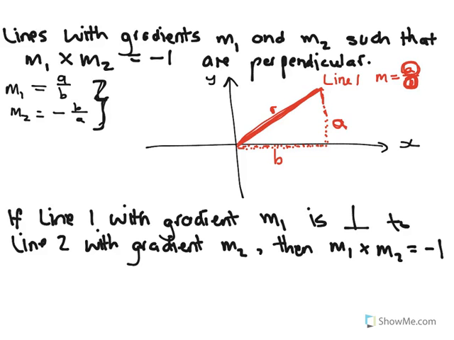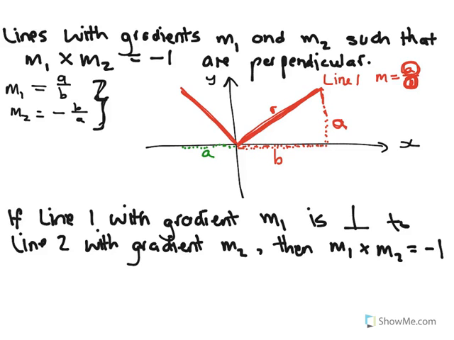Then let's draw line number 2, right? If M1 is a positive gradient, then obviously line M2 is going to have a negative gradient, right? So it's going to be a line that goes like this. And let's choose these dimensions so that this over here is A units long, right?